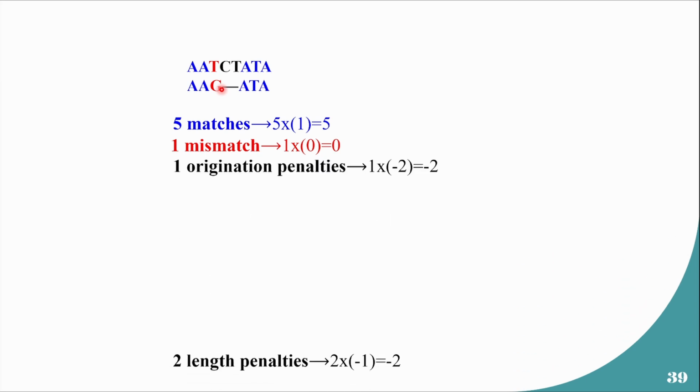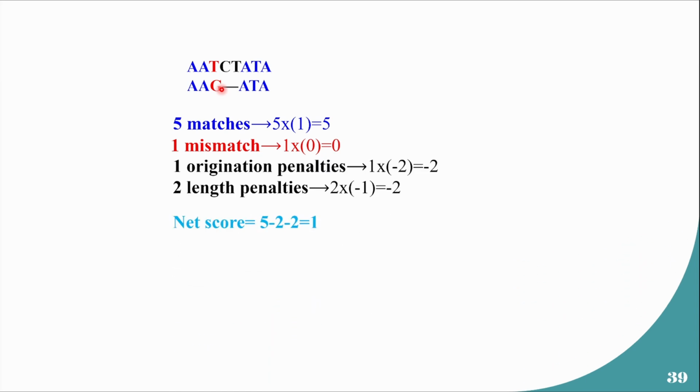And again, in some later classes, you'll see that every mismatch is not equivalent. So if some hydrophobic residue is being mutated into another hydrophobic residue, the mismatch penalty will be lower.